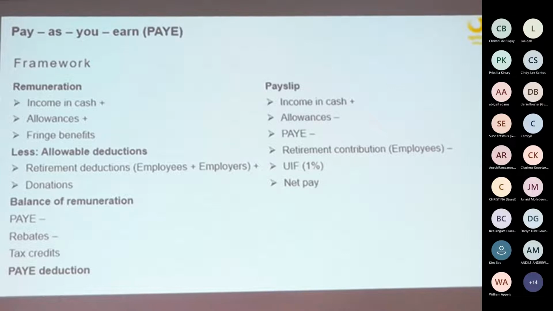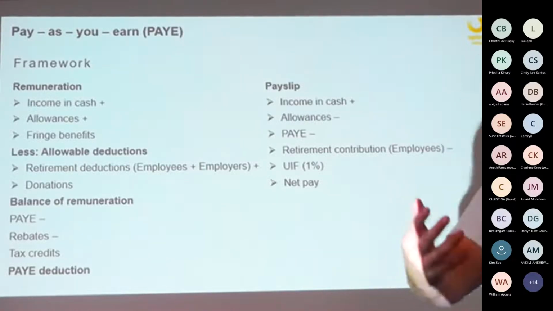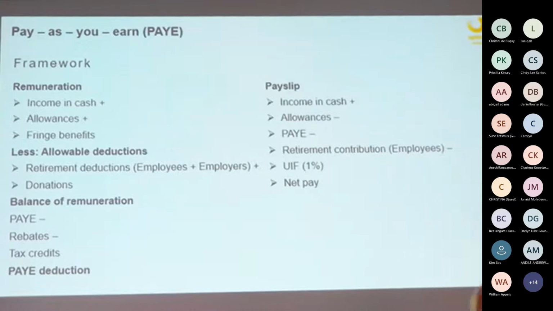So PAYE is a convenient system, both for the receiver to get their money on a continuous basis, but also benefiting you as an employee because you are spreading your liability over a whole year. I mean, if you pay 1,000 Rand or 3,000 Rand every month on a big salary, it doesn't have that big an impact.